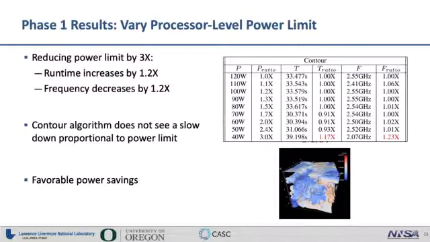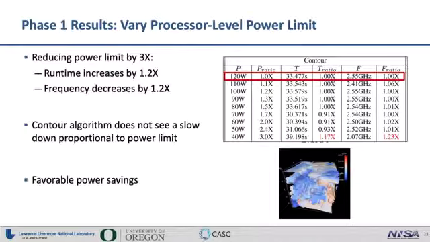We also looked at CPU frequency, which is listed in column F, and we compute the frequency ratio by dividing the default frequency at 120 watts over all of the reduced clock frequencies at the reduced power limits.